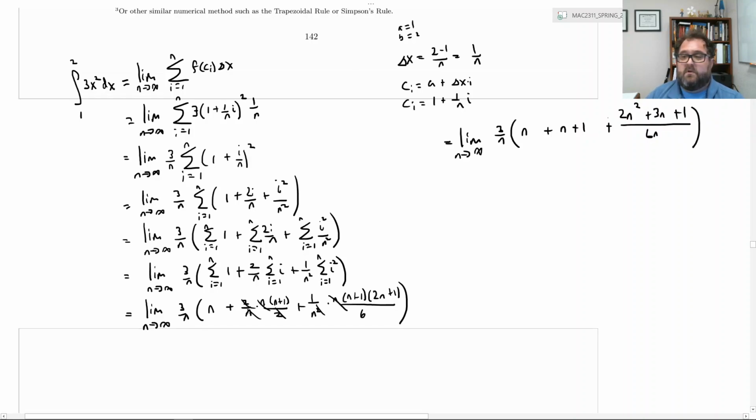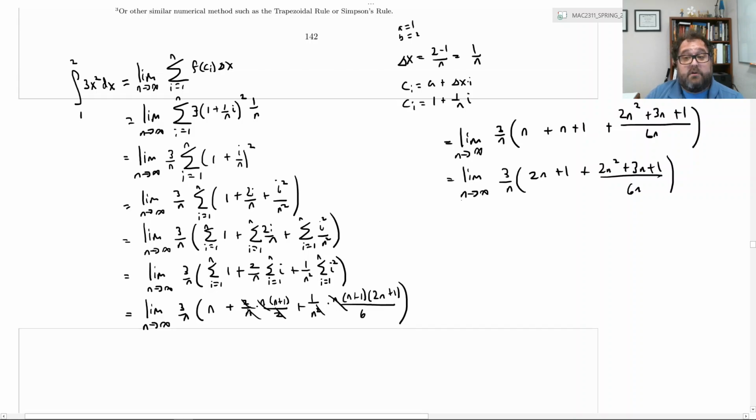I can clean up just a little bit more before I distribute. Limit as n goes to infinity of 3 over n times n plus n, that's 2n plus 1, plus that 2n squared plus 3n plus 1 all over 6n.